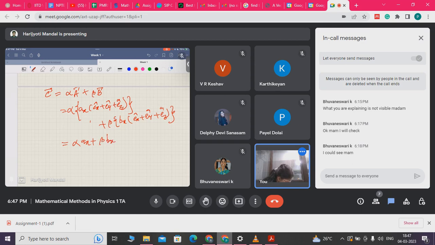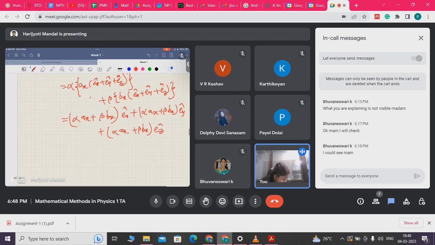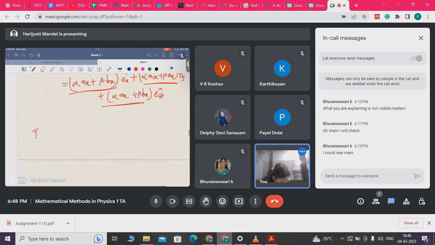Okay, so the x coefficient of C will be alpha ax plus beta bx, so we can see that both the coefficients are equal.